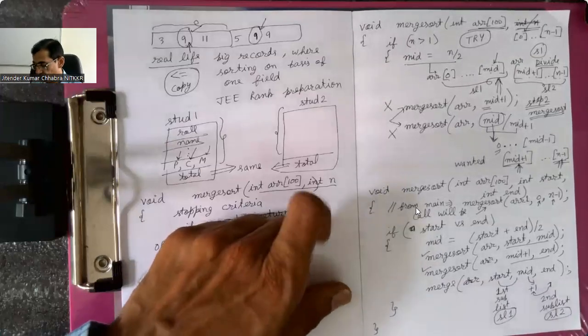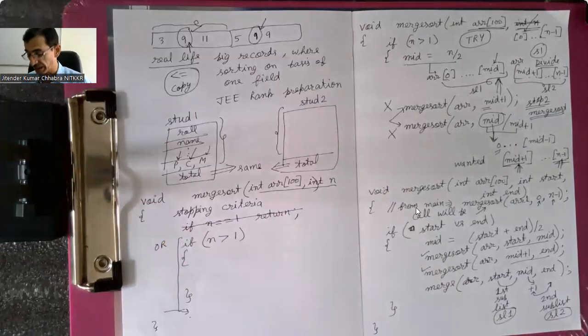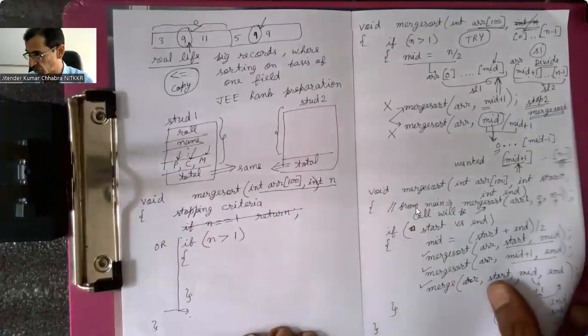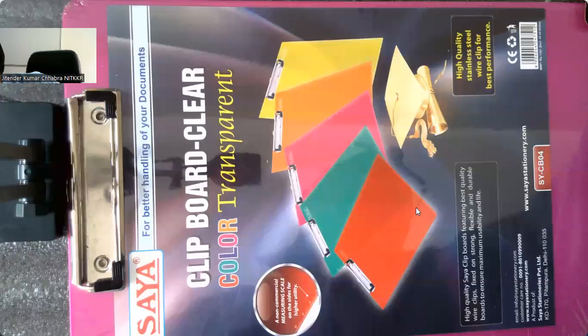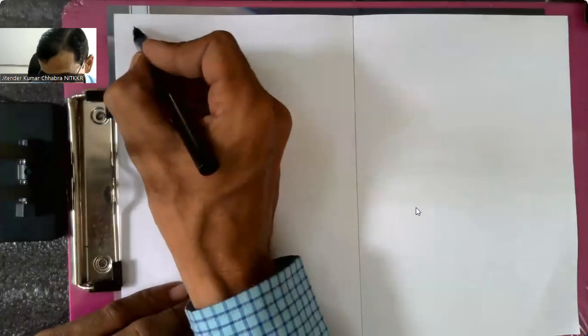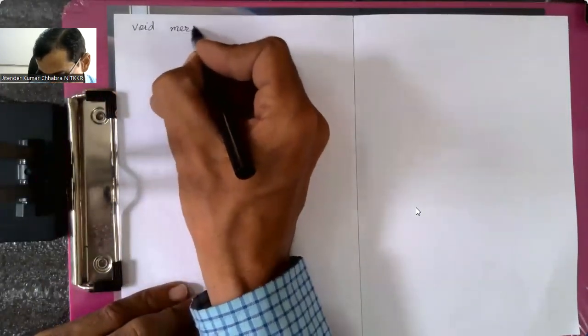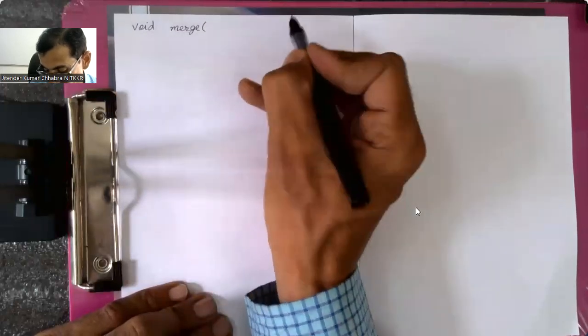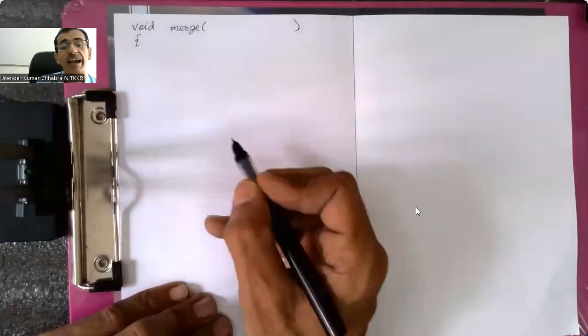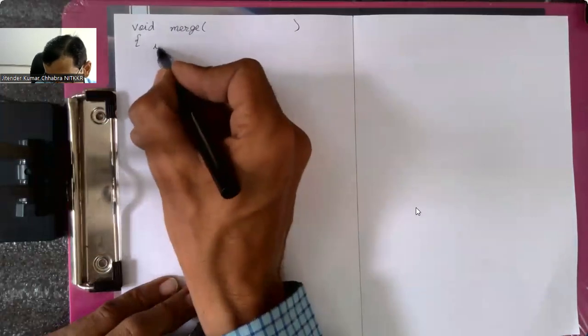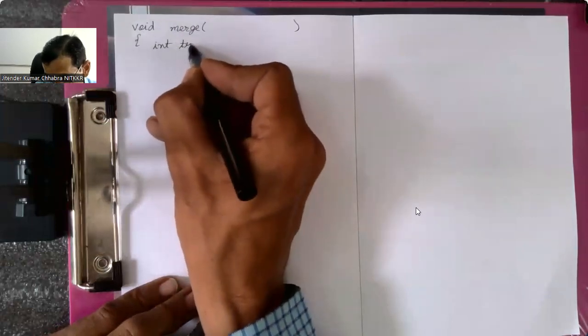So I know my both sublists are present in ARR and merge call will be made. So what I'm left is only program to be written or function to be written for merge. How to write that? Now I will say it's simple. I have void merge, the corresponding parameters to be written, and I will require one temporary array.